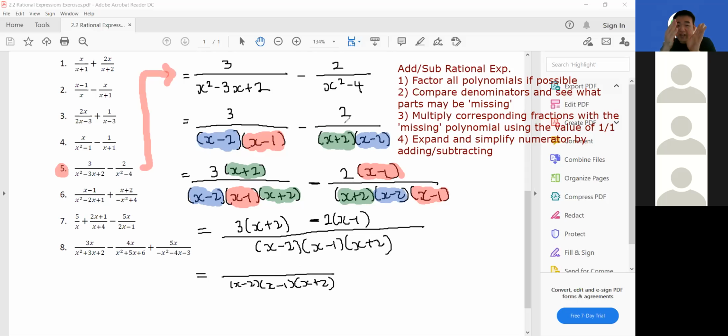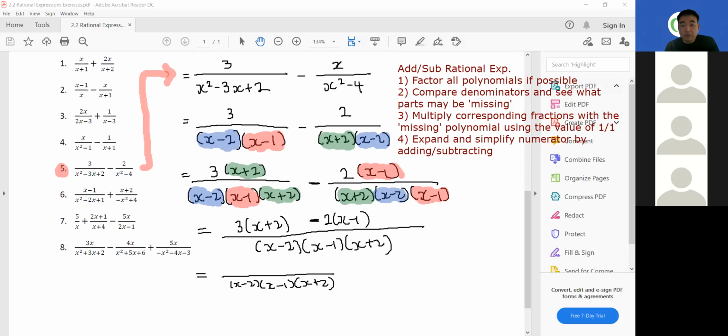The left fraction has a red, but the right fraction doesn't, so the right fraction needs the red. In the same way, the right fraction has green, the left fraction doesn't have green. So it needs the green, it needs x plus 2. Got it? Okay.